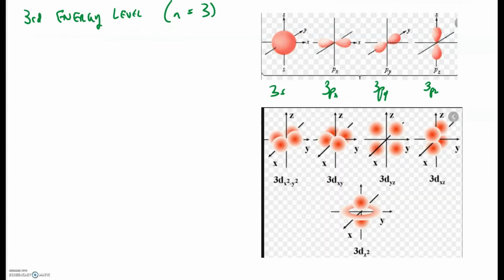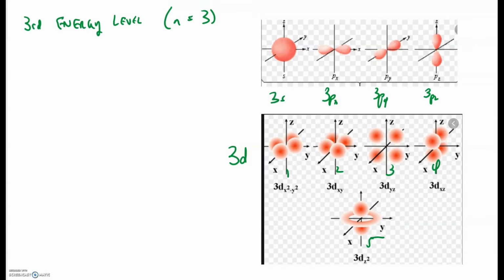These are our d orbitals, and they are shaped kind of like a double peanut, I guess, if you squint. And what we're mostly concerned with is that there are 5 of these, and they're all identical. These are what we're going to call the 3d orbitals, and there are 1, 2, 3, 4, 5. We're not going to worry about which orientation we're talking about either, just that there are.